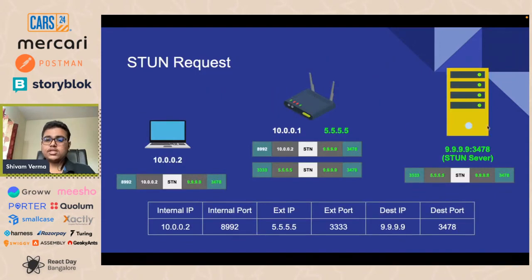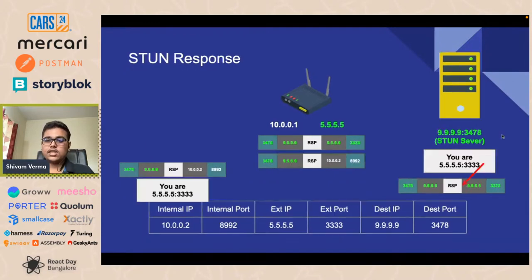So how does STUN work? See, there is this STUN server. You send a normal request to a STUN server. The router or your internet service provider, just as normal NAT does, attaches its public IP address and passes it to the STUN server. What the STUN server does is, it gets your public facing IP address from the network packet and wraps it in the response and sends it back to the router and then to you.